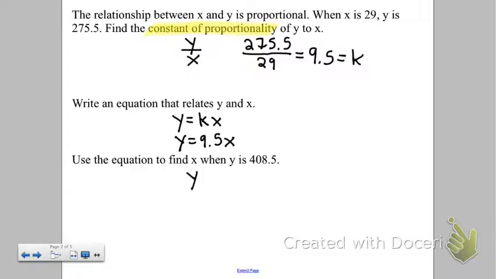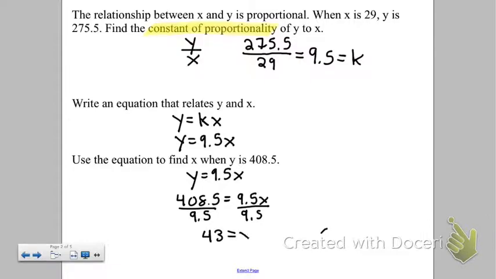I'm going to take my equation, y equals 9.5x, and in place of the y, I'm going to put 408.5 equals 9.5x. To solve this, I can just divide both sides by 9.5. 408.5 divided by 9.5 is 43. So I get that my x value is equal to 43.